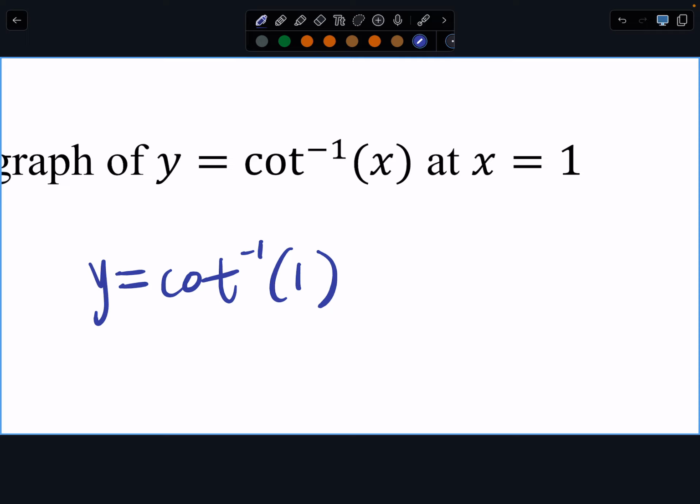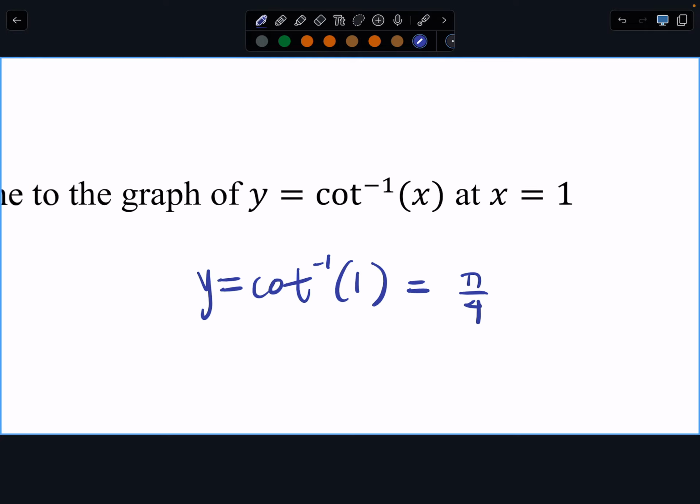You guys, what's inverse cotangent of 1? Remember, inverse. Pi over 4. Remember, the inverse trig function of any positive ratio will be an angle from Q1. All of the ranges include quadrant 1. Wait, how is it pi over 4?